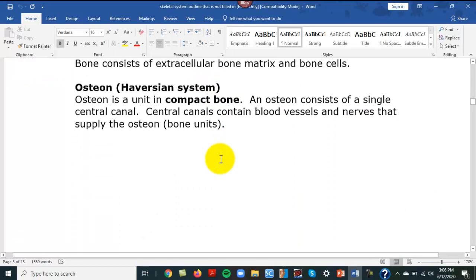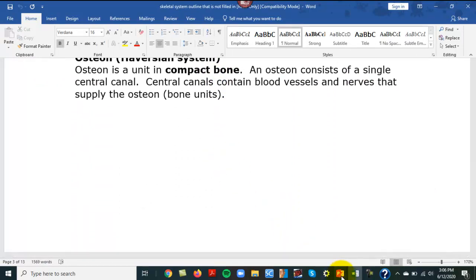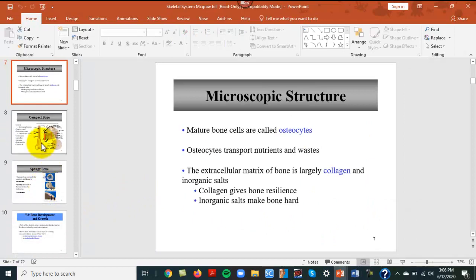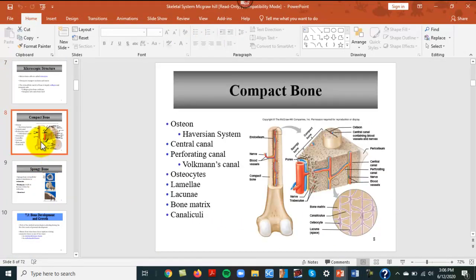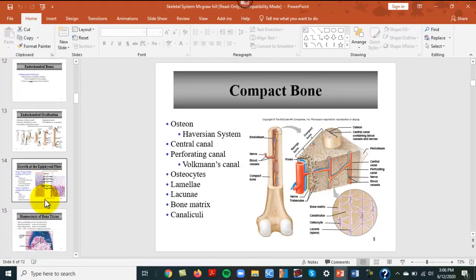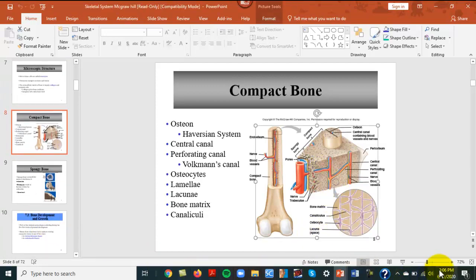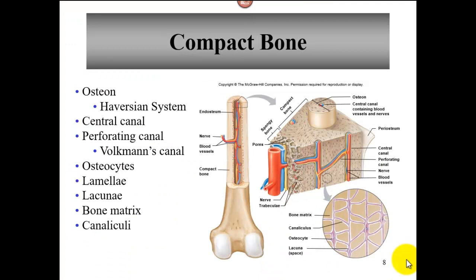Bone histology. Now, I should have a picture for this as well. I'm going to stay with this one. So now you looked at this with the bone tissue and histology.